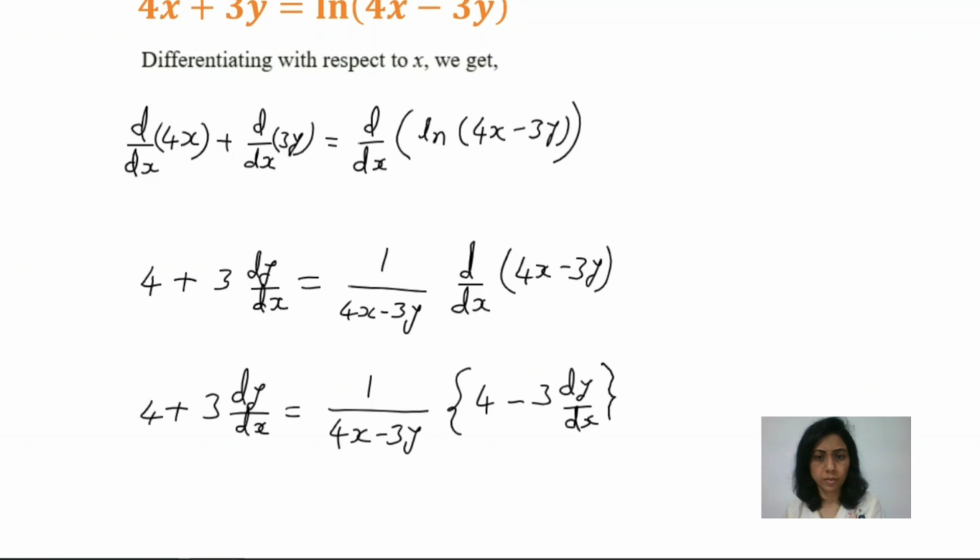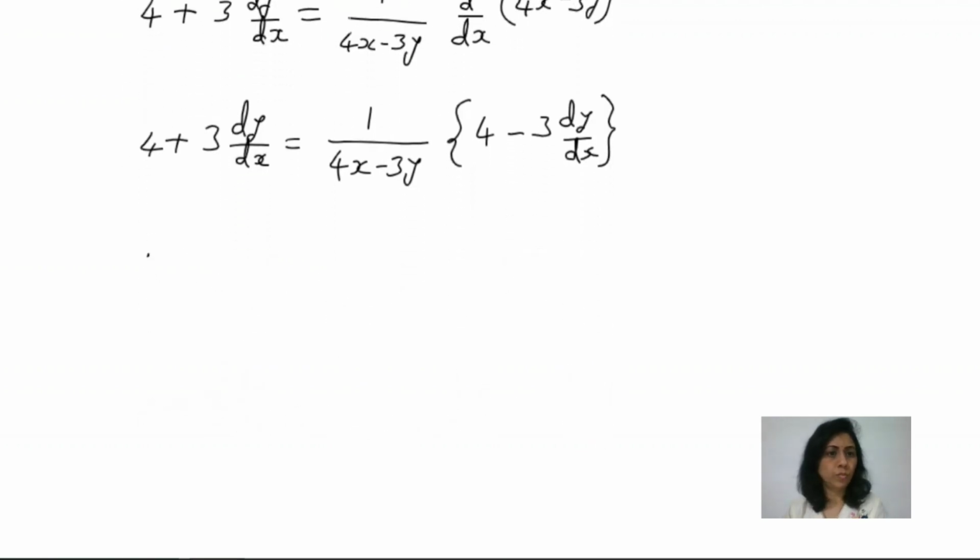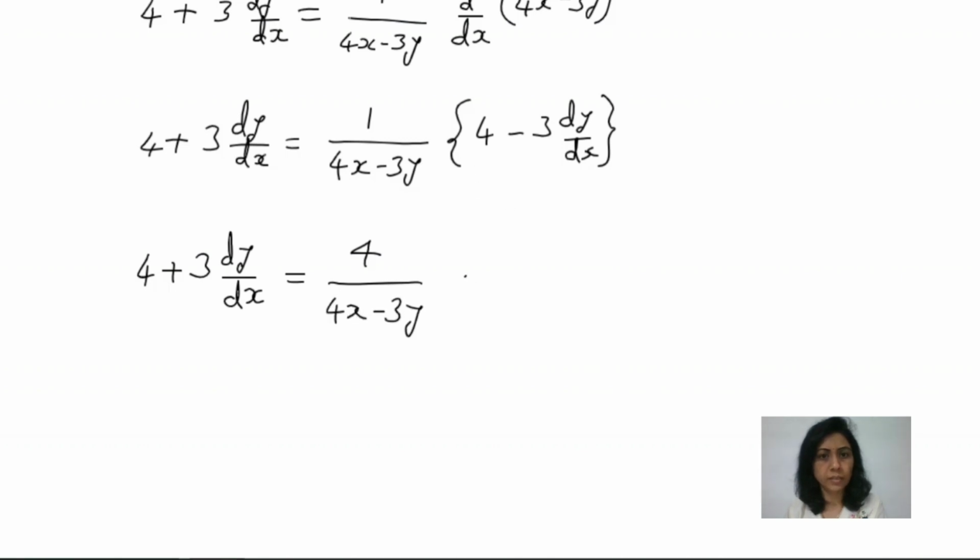So 4 plus 3 dy upon dx is equal to 4 upon 4x minus 3y, and when we multiply this, we get minus 3 upon 4x minus 3y dy upon dx.